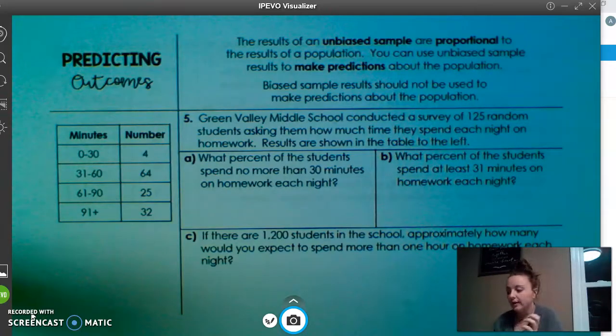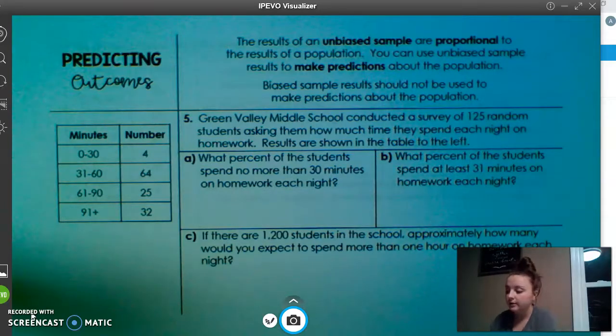Remember when we had similar figures and a circle that is proportional to another circle, so you have your little circle and it'll get bigger, but they're the same with proportions. It's the same thing with this, like 1/2 is equal to 2/4. So because there's a proportional relationship, you can use the unbiased sample results to make predictions.